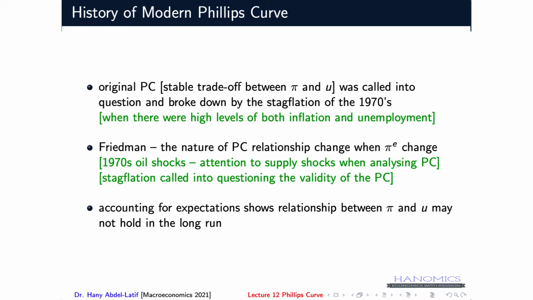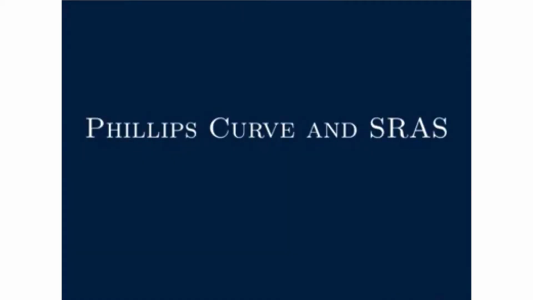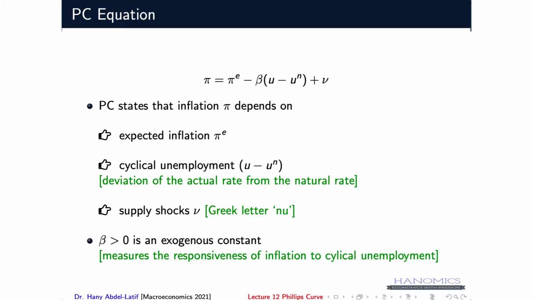So let's have a look at what that means, how it looks, and how it is linked to the short-run aggregate supply curve. Just to show you the equation, it's much easier if you know where we're heading first. So you see the destination yourself before we look at the map of how to get there.